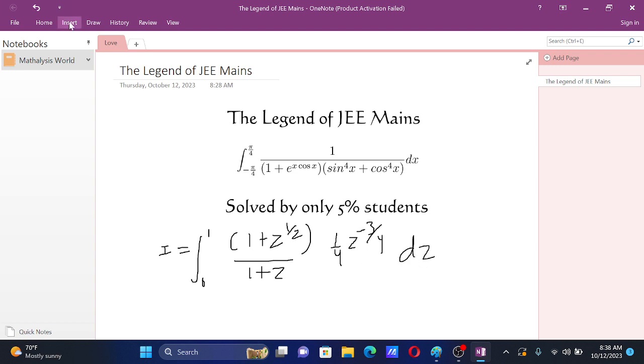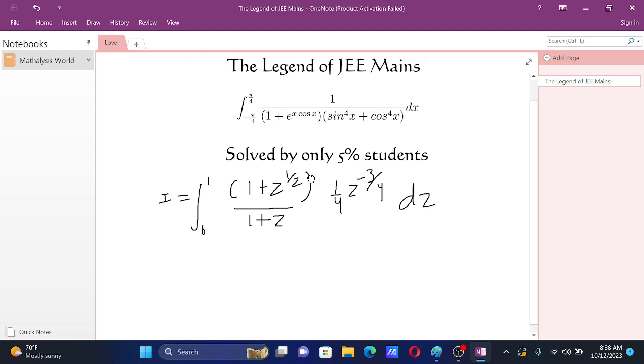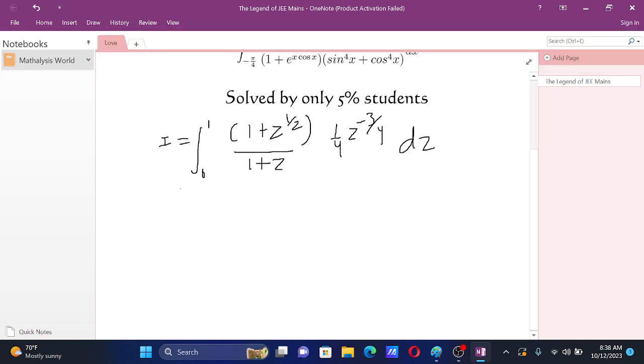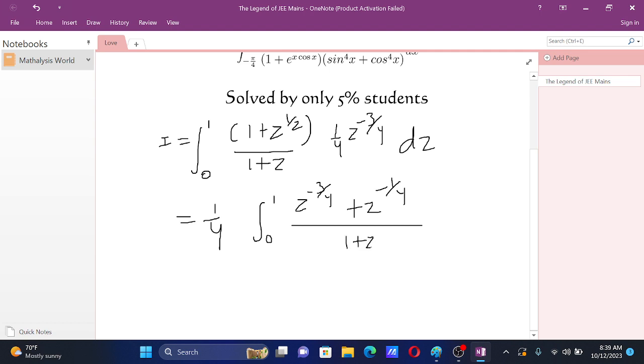Now we can bring it a bit down, we can have the constant outside. And then integral from 0 to 1, this will be z to the power minus 3 by 4 plus z to the power minus 1 by 4 by 1 plus z dz.